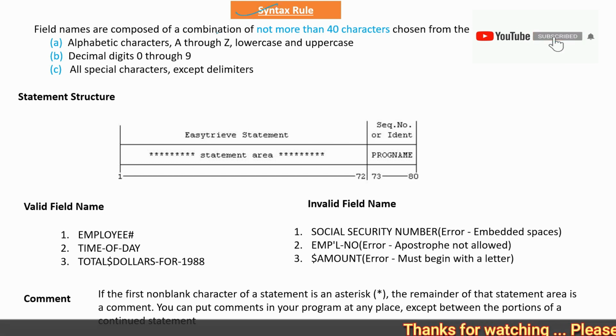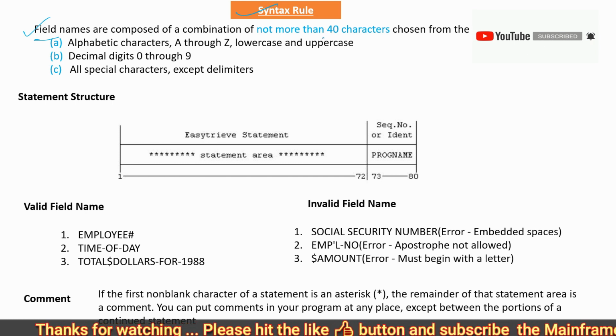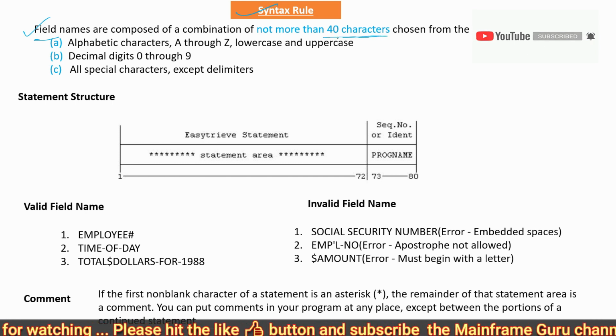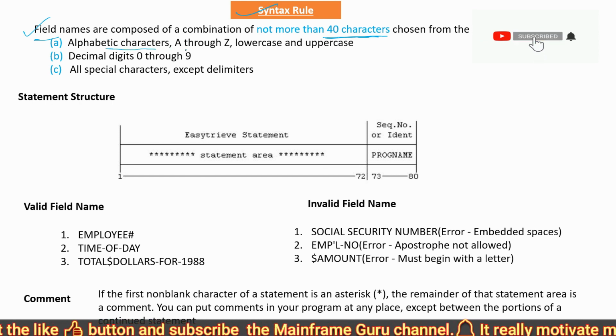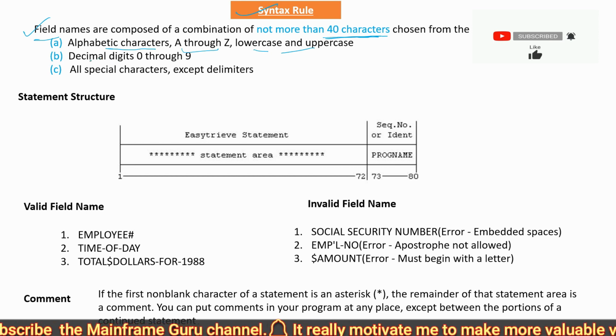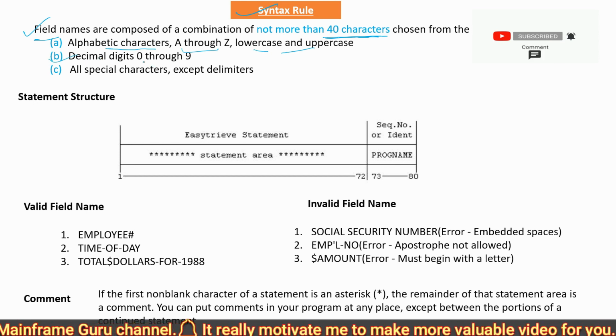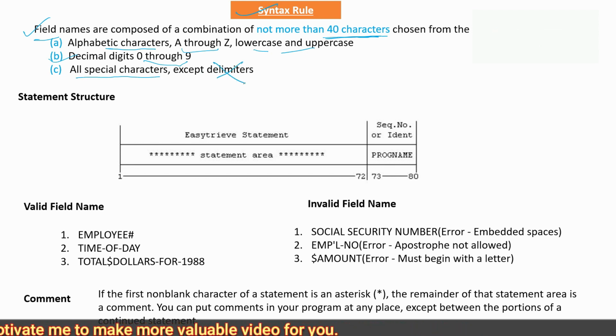And next we have the syntax rules. In this syntax, what will the field name be? The field name can contain up to 40 characters only, and it can have alphabetic characters A through Z in lower or uppercase, decimal digits 0 through 9 are allowed, and also special characters but not the delimiter.